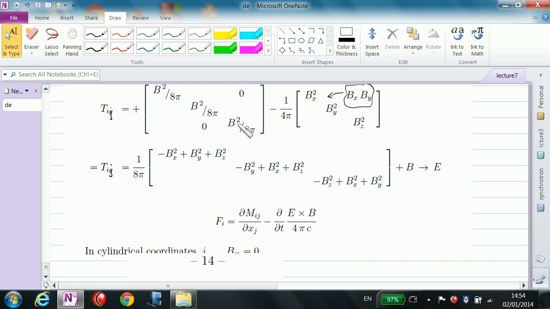Alright, the point is that Tij is just Bi times Bj, but there's also this diagonal term proportional to the identity matrix, and it's proportional to the sum of them. This is the stress energy tensor for the electromagnetic field.